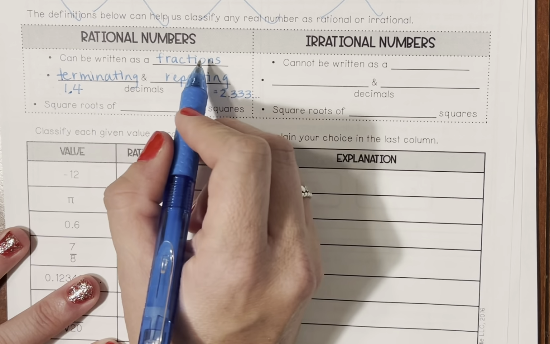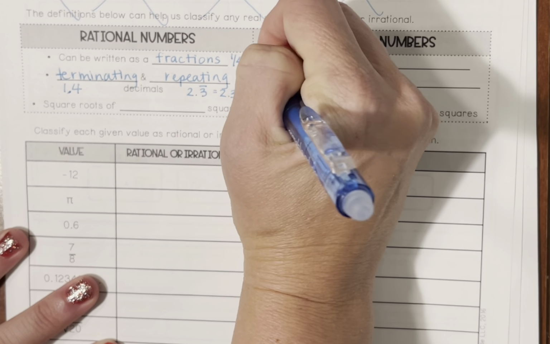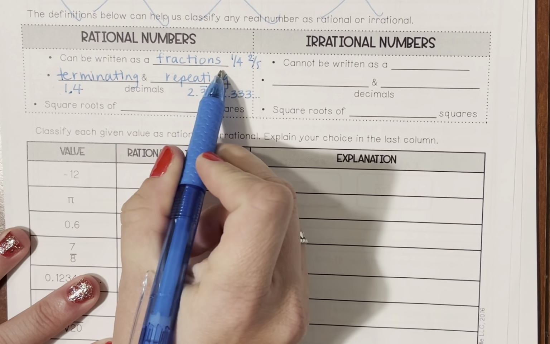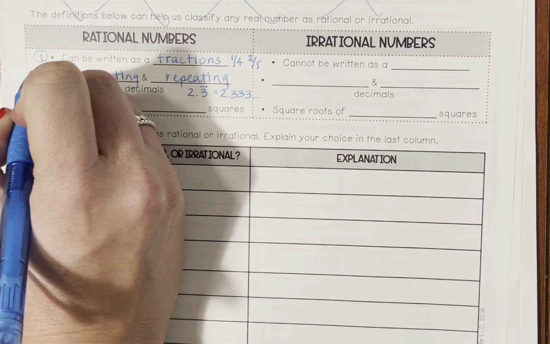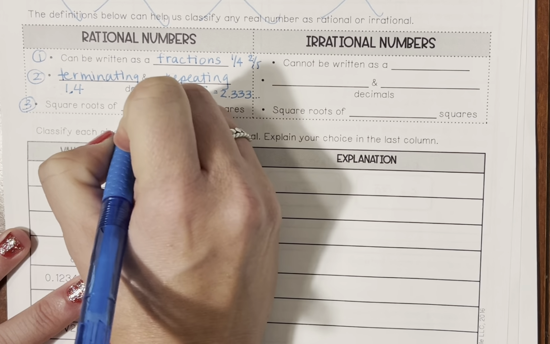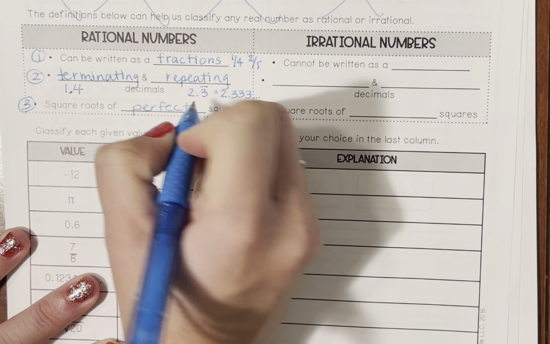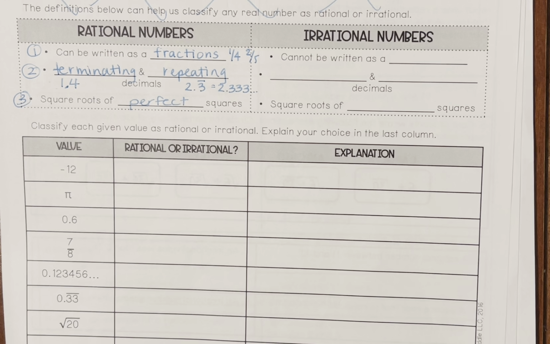The other type, and then of course we know fractions, things like 1/4 or 2/5. Those would be ones written as fractions. And then the third type, so we have one type, two types. The third type are square roots of perfect squares. You have a list of perfect squares in your packet on the very front page. Perfect squares are created when you multiply a number times itself.